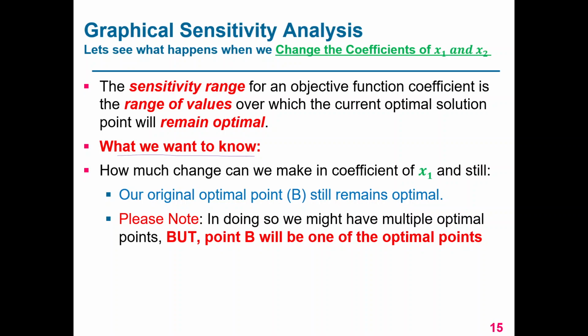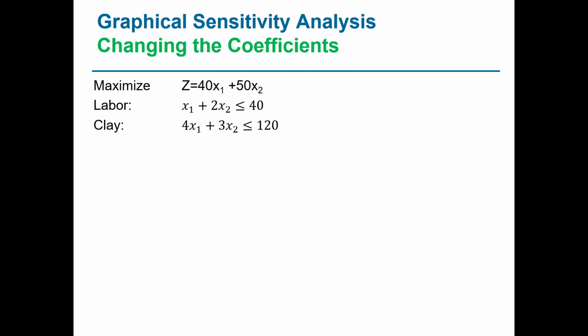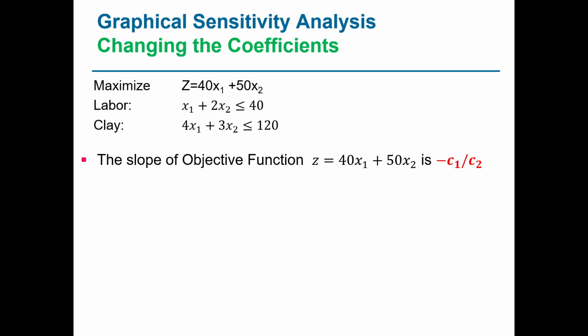This is the basic requirement of the sensitivity analysis, that our originally obtained optimal point should remain optimal. Okay, so now, as I discussed earlier, the slope of the objective function is simply minus C1 by C2 or minus 40 by 50.